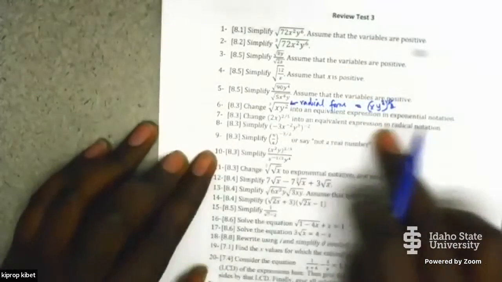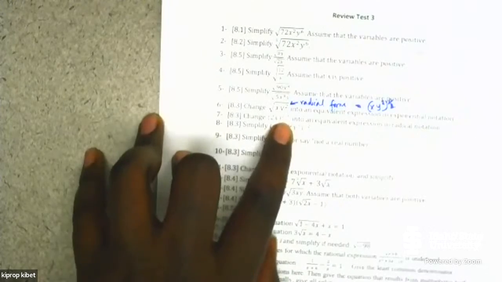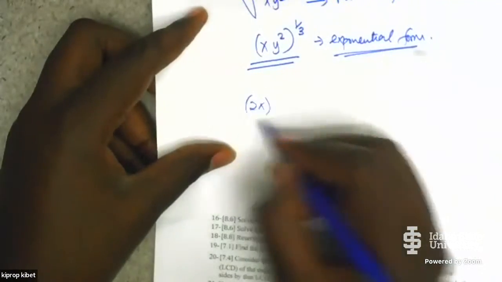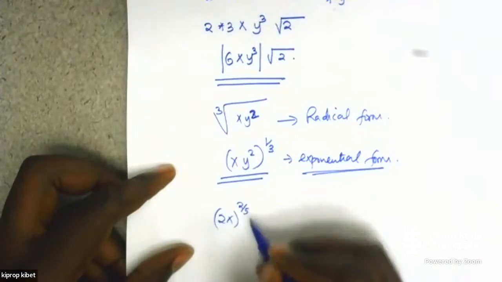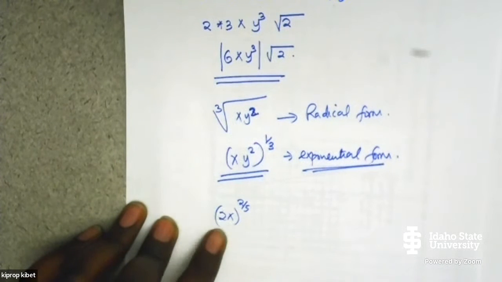Okay. Now write 2x raised to 2 over 5 in radical form. This one is in exponential form. In radical form, how do you write this?